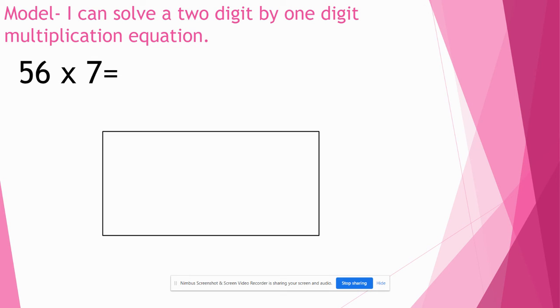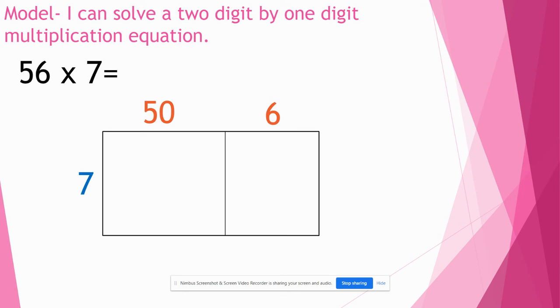So with 56 times 7, I'm going to use this strategy. Well, my 56 can be broken apart into tens and ones. I'm going to break that into 50 and 6, and I know I need to multiply each one by 7. Now, I'm going to start with 7 times 50.